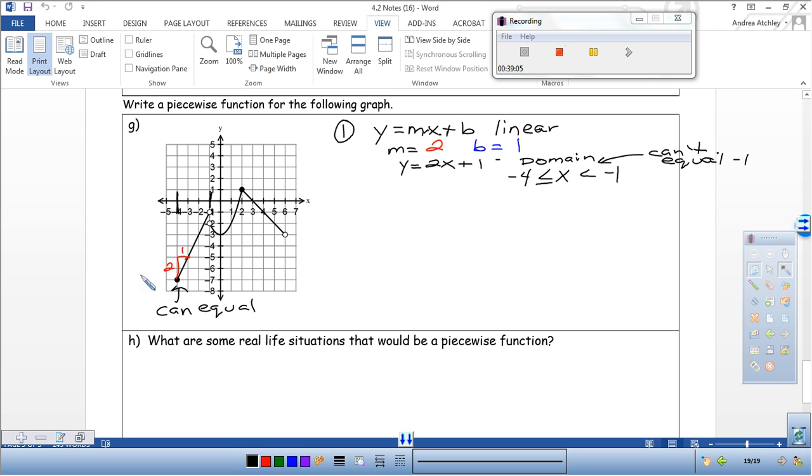Any questions? Okay, the next part of this graph is quadratic. So we have to use y equals a times x minus h, the whole thing squared, plus k, because this is quadratic.